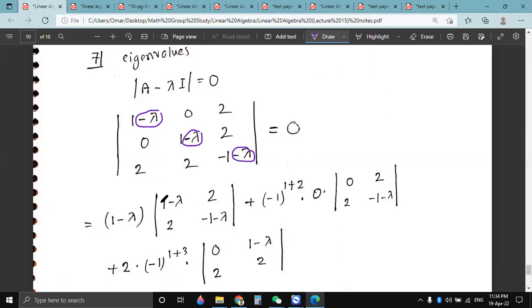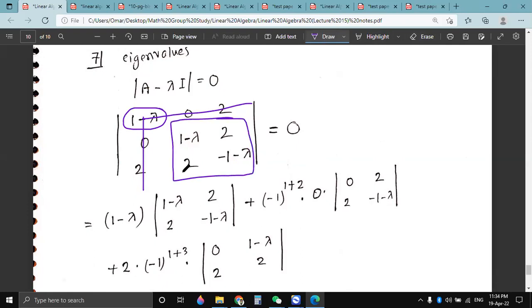If you take the first entry, you skip its row and column, and you will get this part. As I have taken on minus lambda, it will be minus.